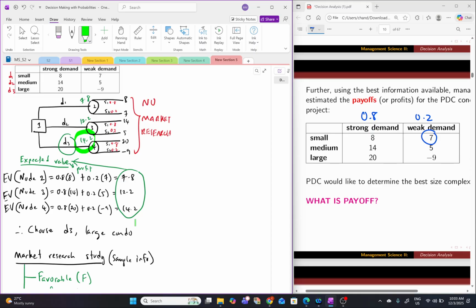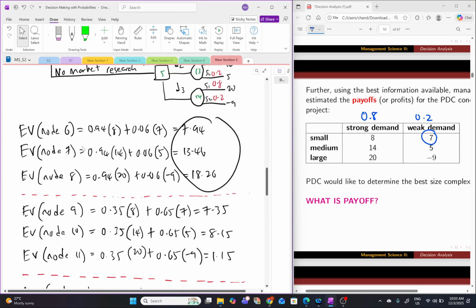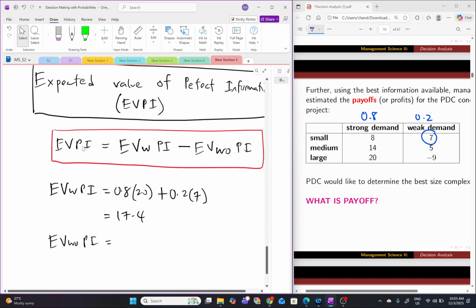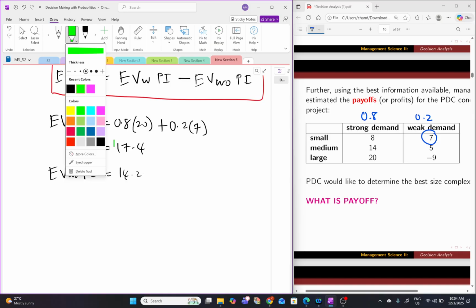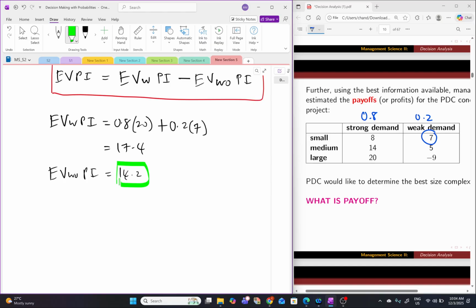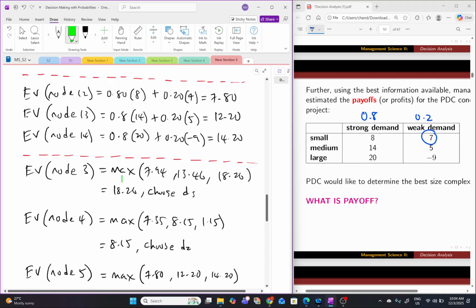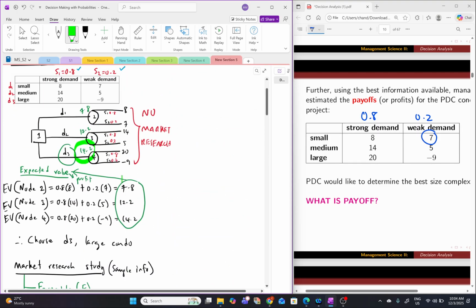Ini kita tak gunakan ni, kita guna yang cara biasa punya, no market research, yang first tu. 14.2 is the expected value without perfect information. I put a highlight here so that you can relate. Okay, 14.2, here the red, green highlight, this is the green highlight.